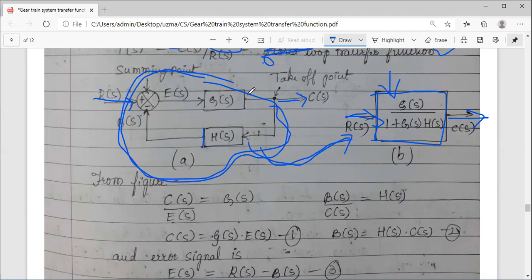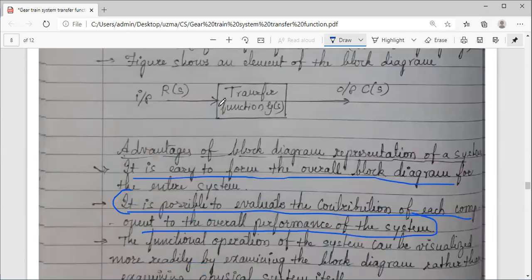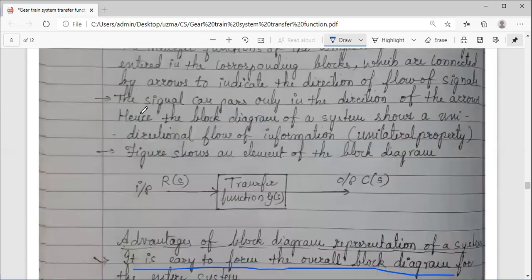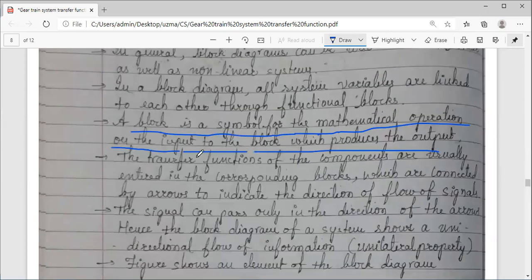I should write the transfer function. You have just now seen that also. Inside the block, the transfer function of the components. Yes, the transfer functions of the components are entered in this block.